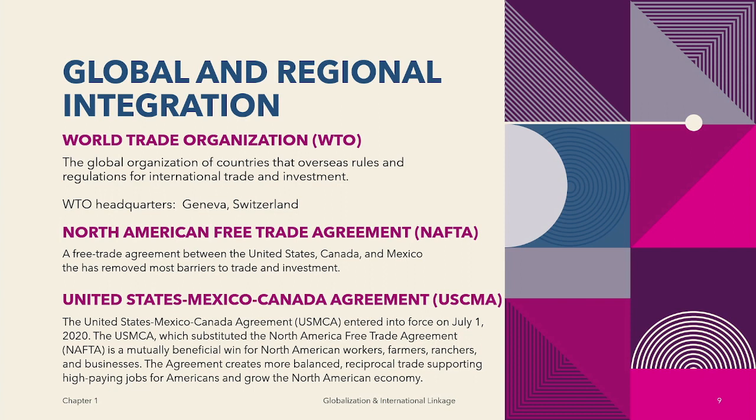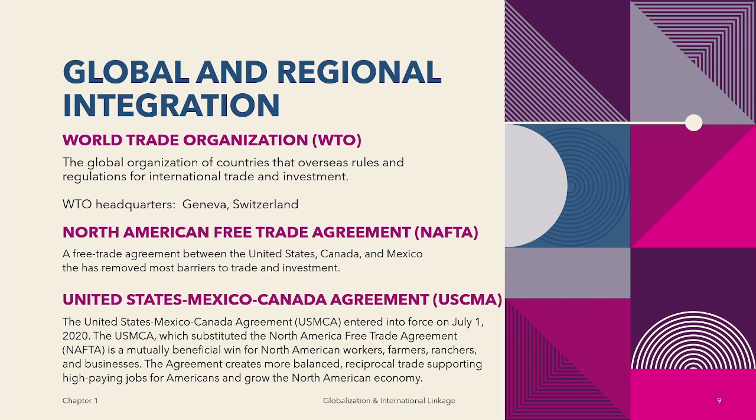But July 1st of 2020, the United States, Mexico, and Canada agreement was entered into. This USMCA substituted the North American Free Trade Agreement and is mutually beneficial. It's a mutually beneficial win for North American workers, farmers, ranchers, and businesses.